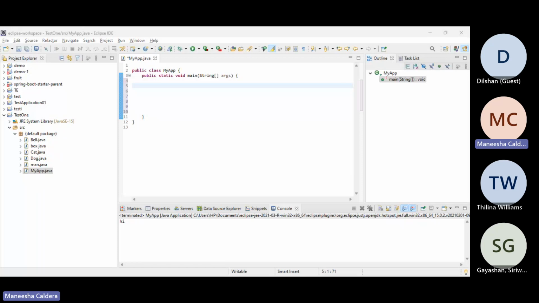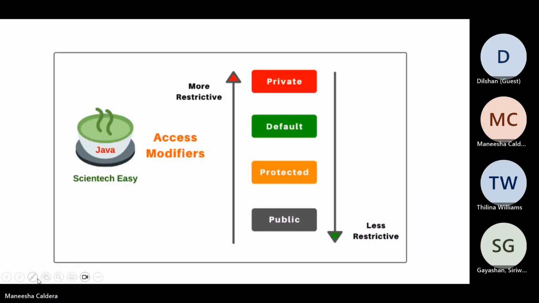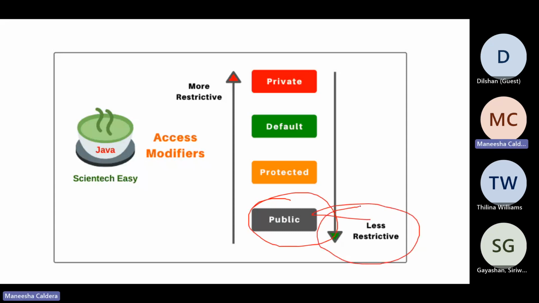So we want to be strict. Some information is fine, you can take it, it's publicly available. Public means you can do anything that you want. The restrictions are less, so you can do a lot. But if it is private, you can't do a lot.